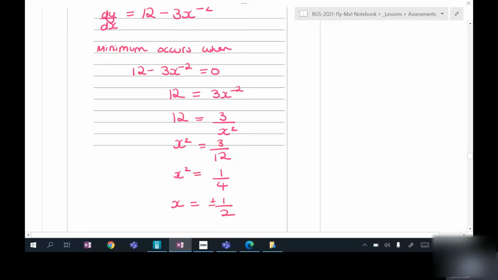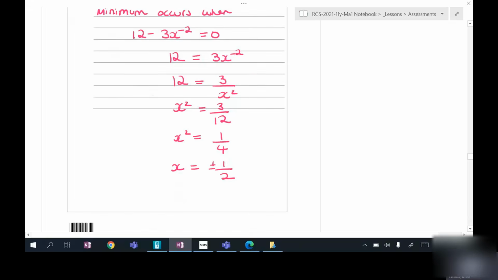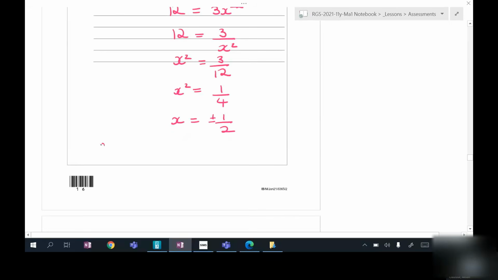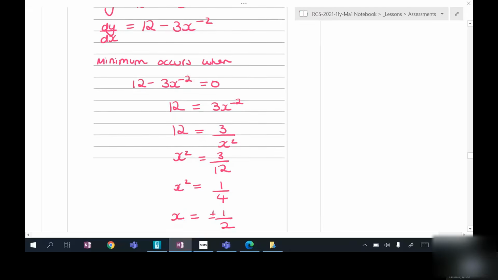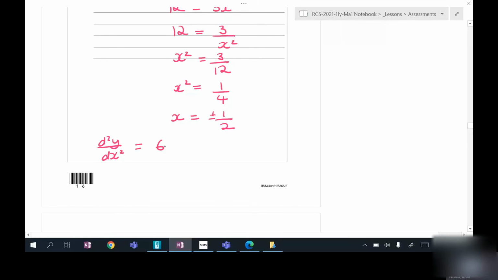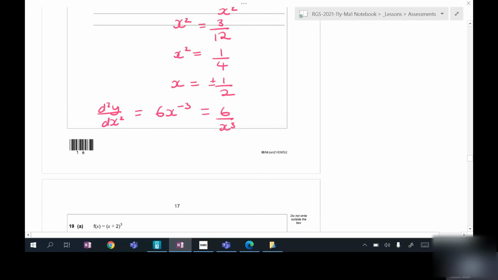So we need to know which one's a minimum and which one's a maximum. So if you do the second derivative, so differentiate again, we've got 6x minus 3. Okay, at x equals a half, we can substitute in to find our second derivative.